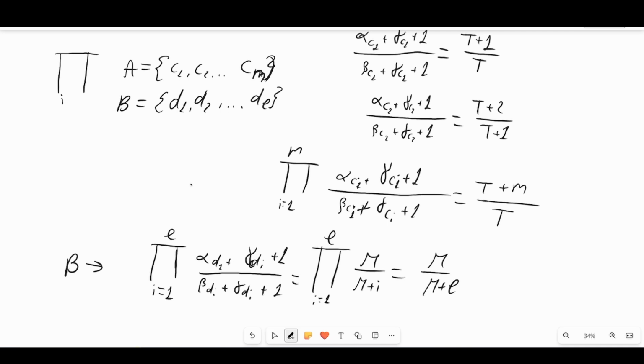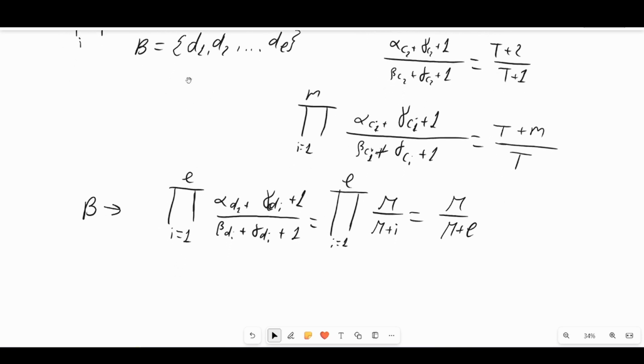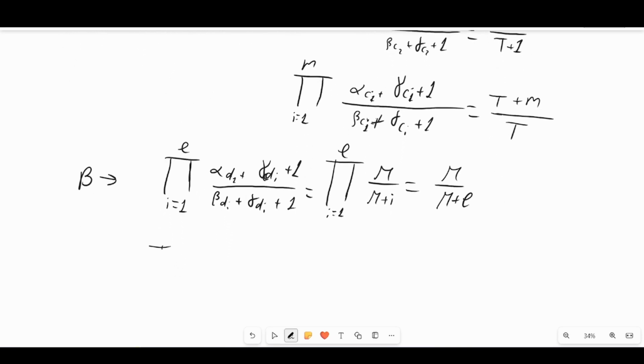And our aim is to find big integers m and t such that (t plus m) over t multiplied by m over (m plus L) must be equal to 1. And what can we say about m and t?